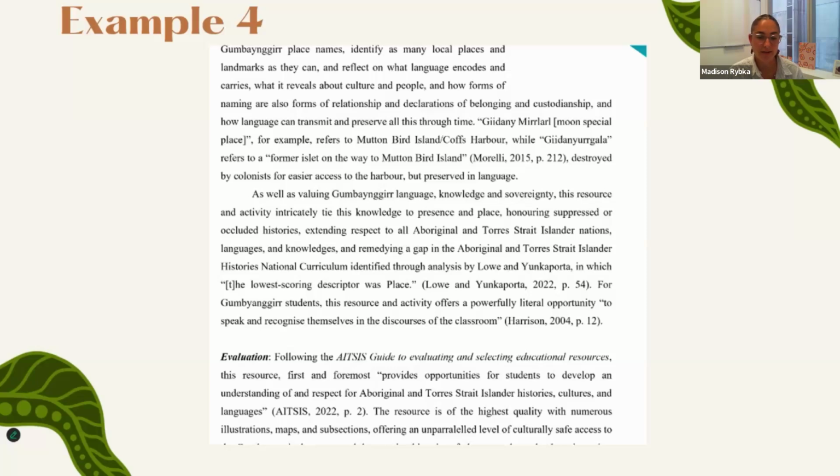And then he goes into the evaluation. So following the IATSIS guide to evaluating, this resource is of highest quality with numerous illustrations, maps, and subsections. So again, if you're looking at a book and you physically have the book, you may want to look into, are there pictures in there that are portrayed in the right way?